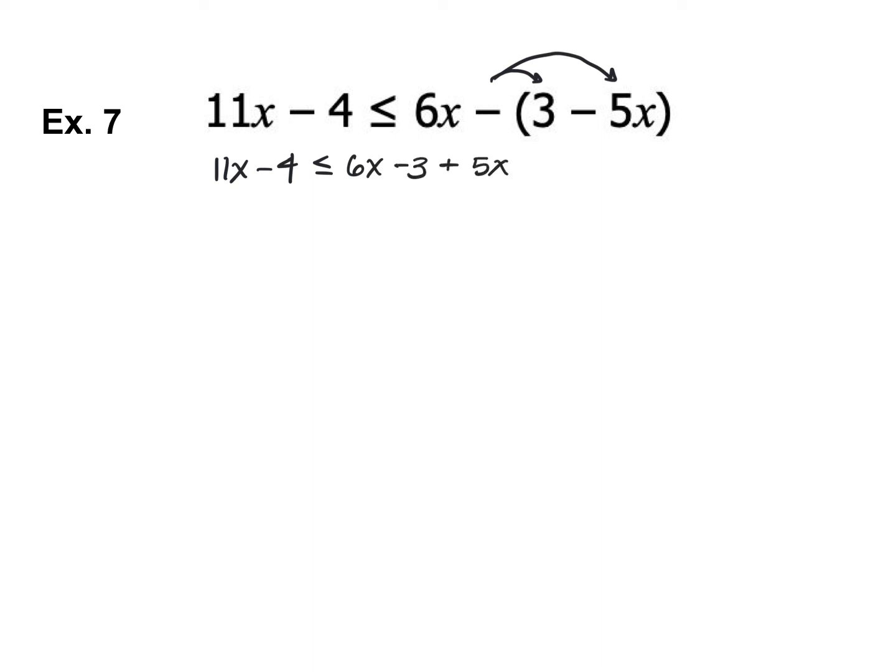On the right hand side, I can combine like terms, and I have 11x minus 4 is less than or equal to 11x minus 3. Subtract 11x on both sides, and I have negative 4 is less than or equal to negative 3.